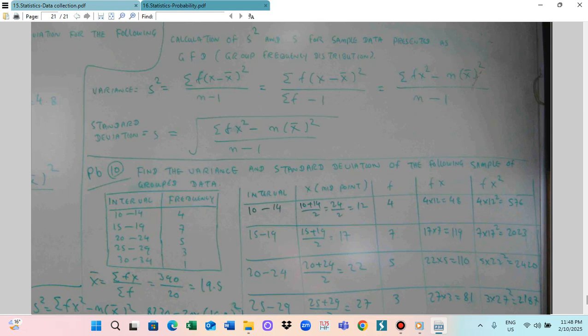Those are the equations to calculate the standard deviation and variance for the grouped frequency distribution. So s squared is equal to summation f x squared minus n x bar squared divided by n minus 1. So this is the variance. Then you also have to calculate the standard deviation.